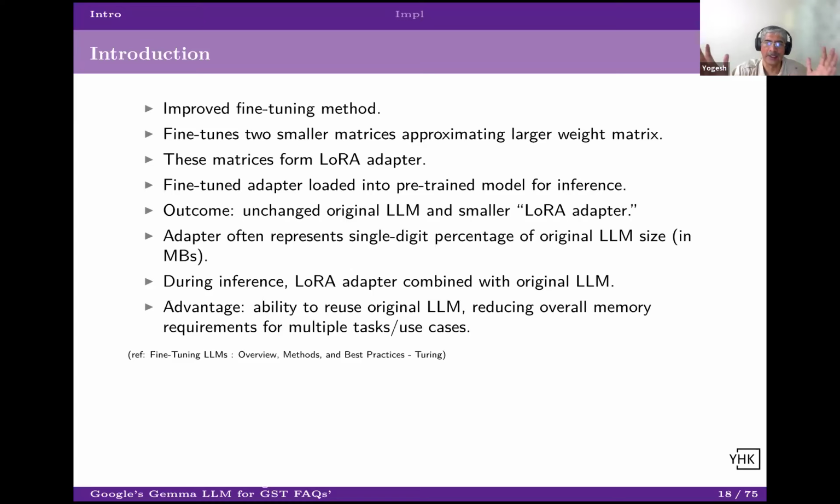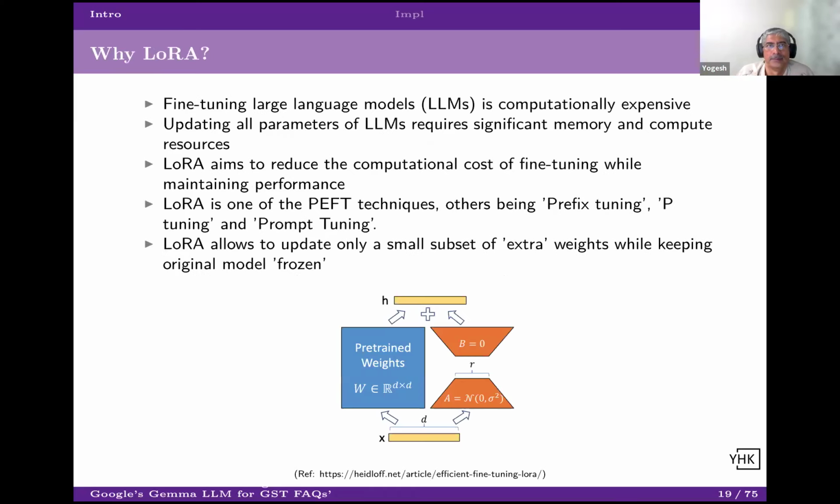And then while inferencing, you use both of them together. We'll see how. So we are not going to retrain the whole original matrix that comes with the base model, but an adapter, an additional weight matrix. That's the idea behind LoRA. So the training cost is less. All right.